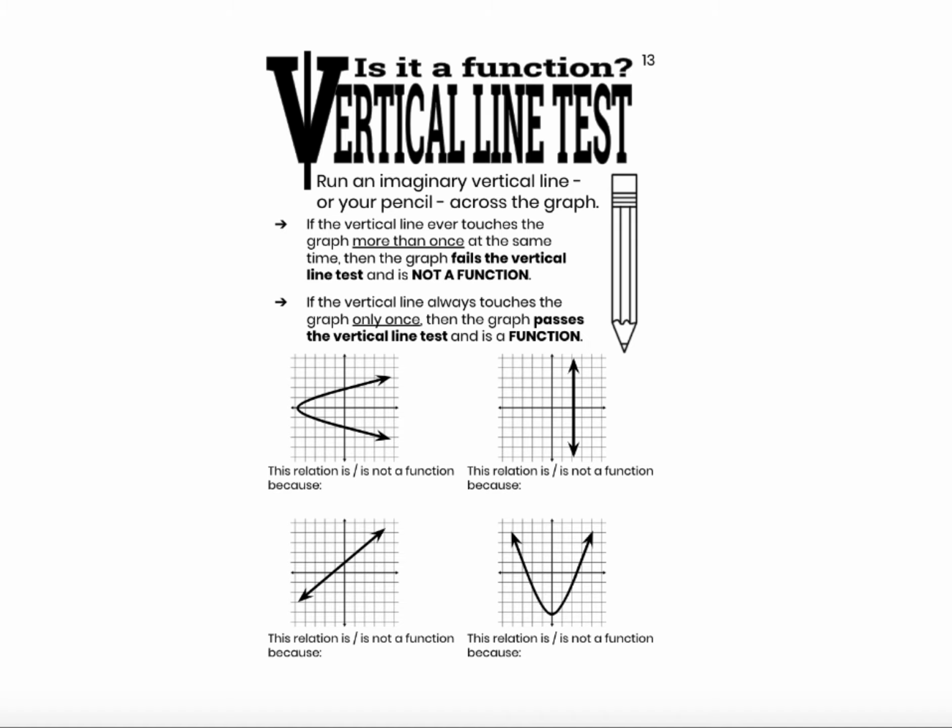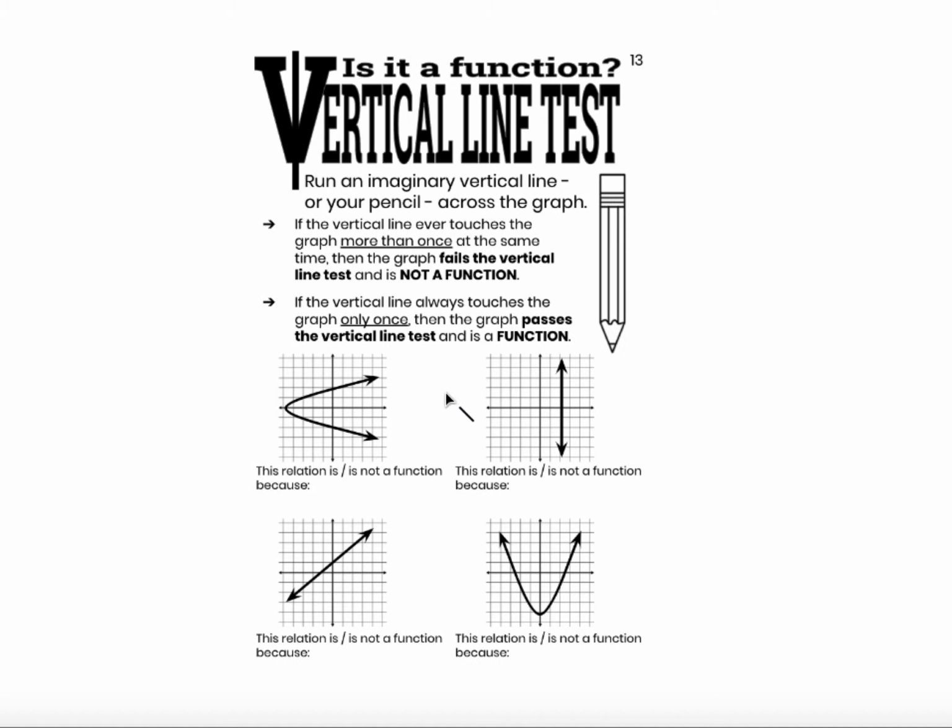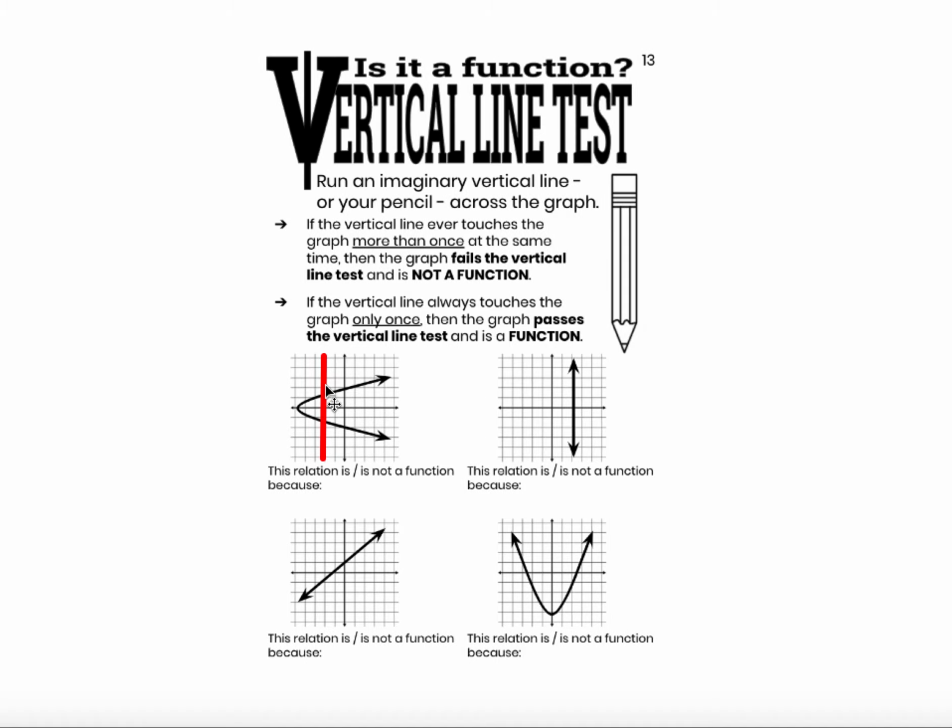For example, this is not a function, and I could draw my vertical line a lot of different places. You only have to draw one, but I could draw it many different places because for almost every point on the graph, if I were to draw a vertical line, it intersects the graph more than once.